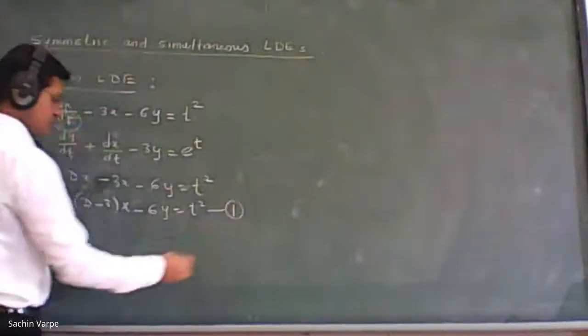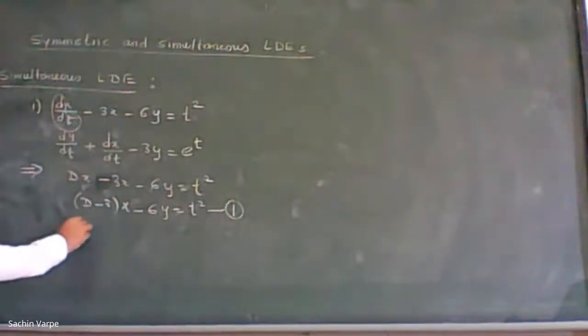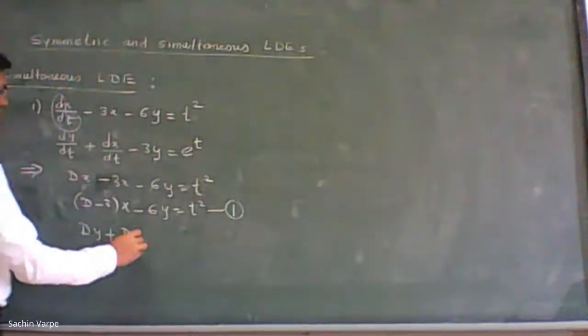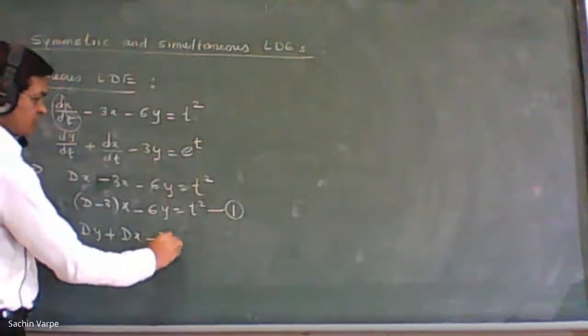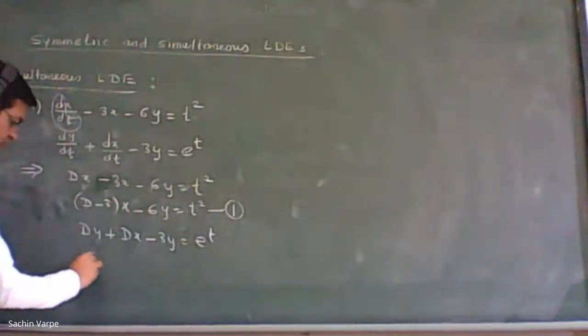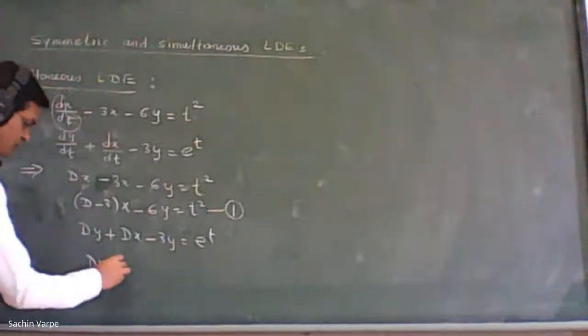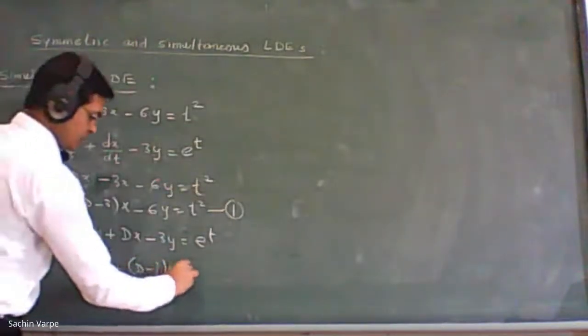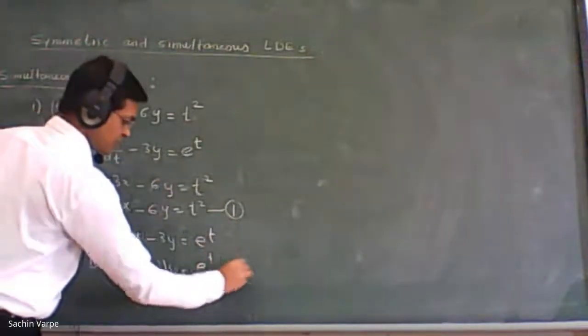That is my first equation. Now the second equation in capital D: Dy plus Dx minus 3y is equal to e raised to t. Taking common, Dx plus (D minus 3) into y is equal to e raised to t. That is my second equation.